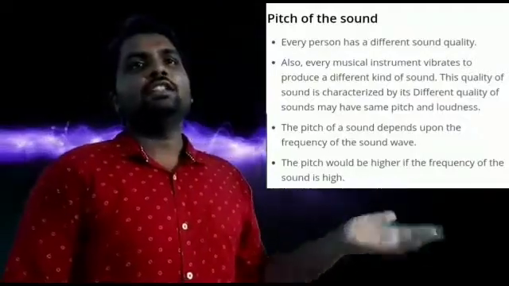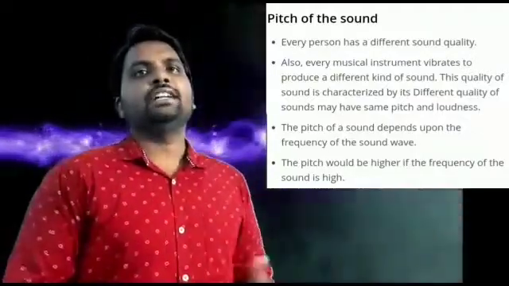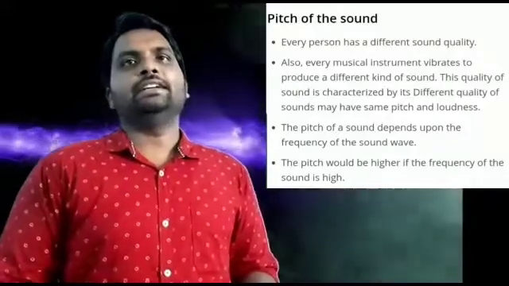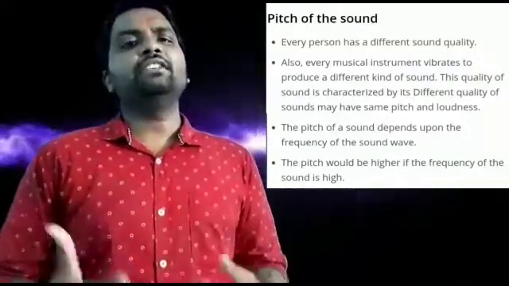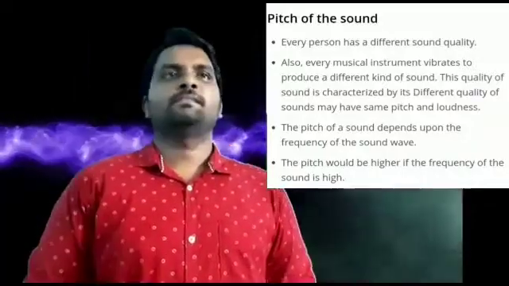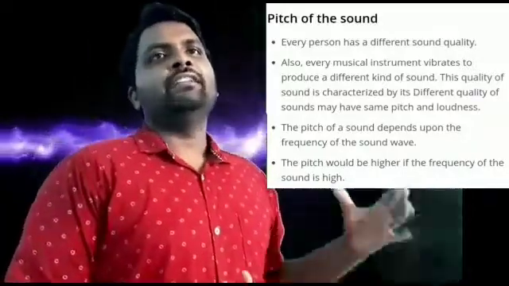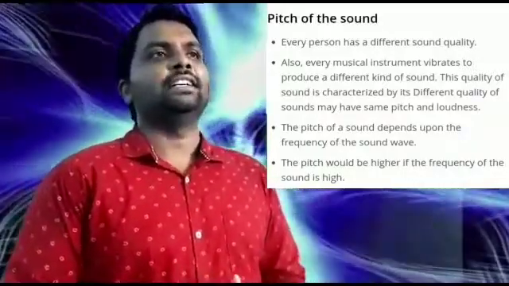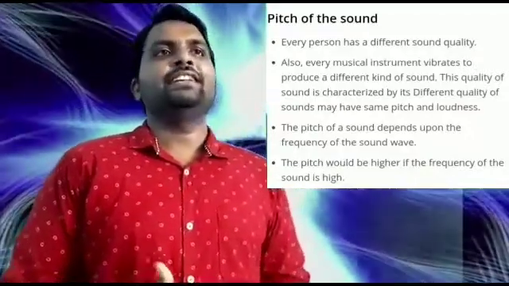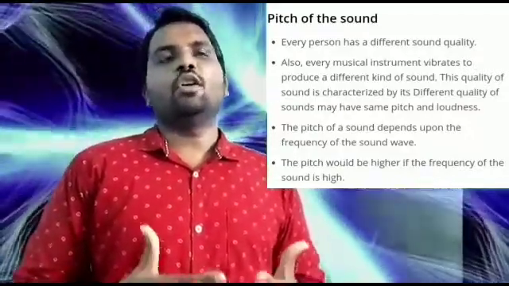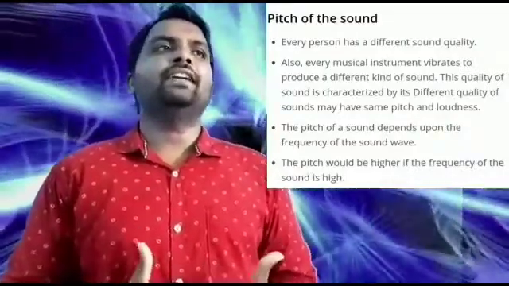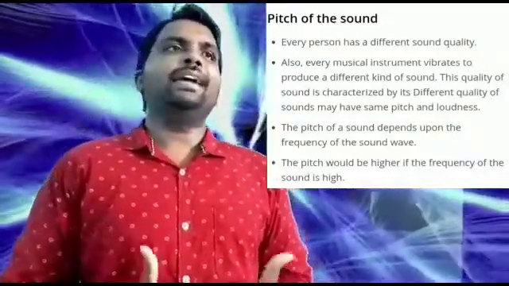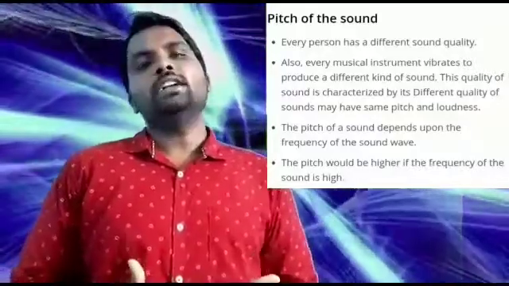Every musical instrument and different object gives different sounds. Every musical instrument vibrates to produce a different kind of sound. The quality of sound is characterized by pitch and loudness.